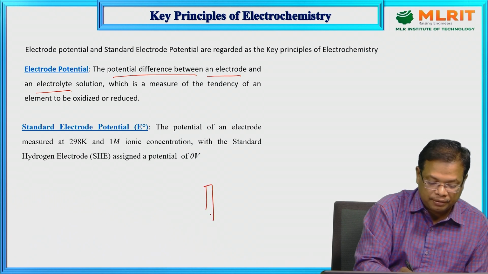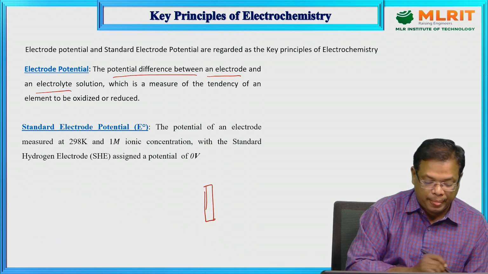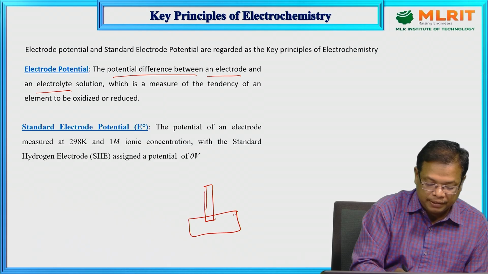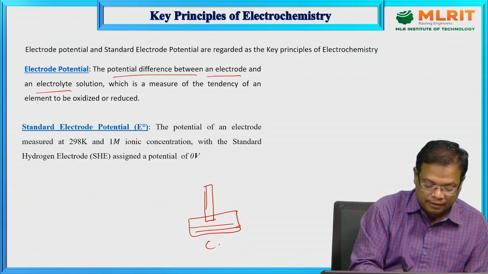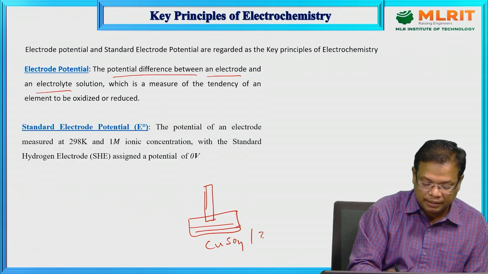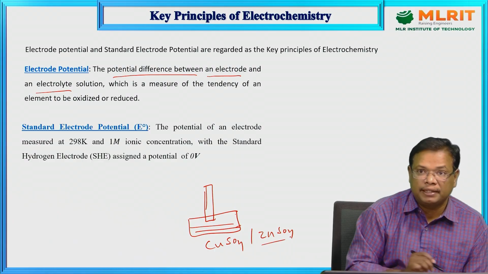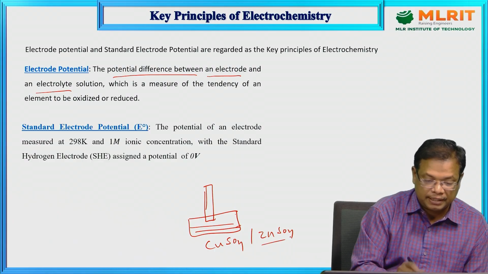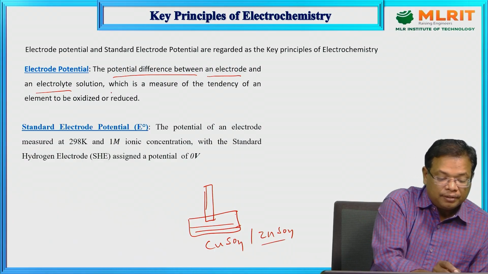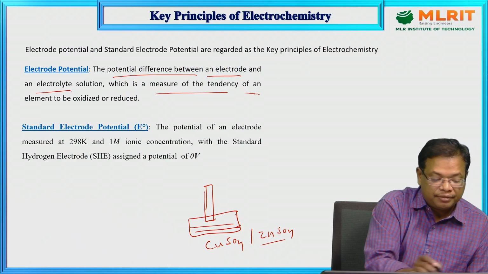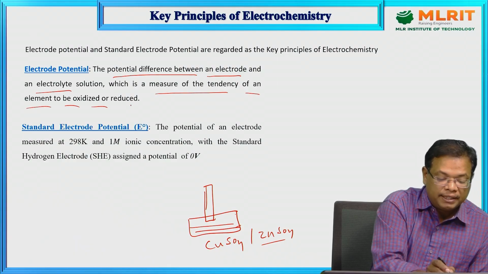Suppose one electrode is dipped in some solution like copper sulfate or zinc sulfate. In this system, it is a measure of the tendency of an element to be oxidized or reduced.